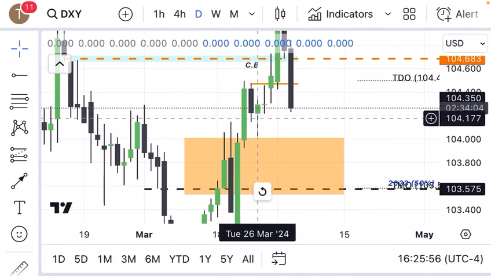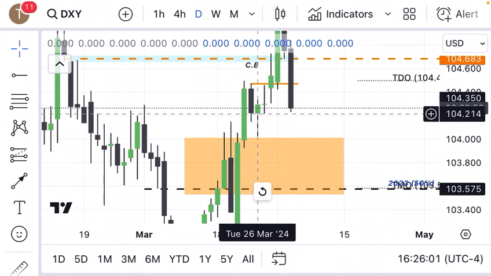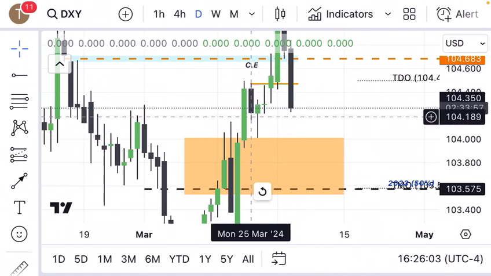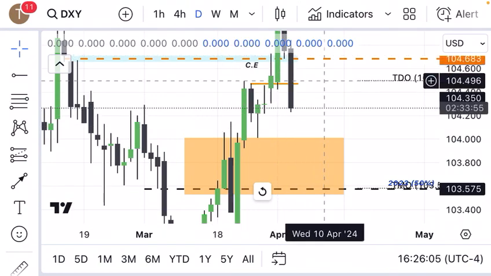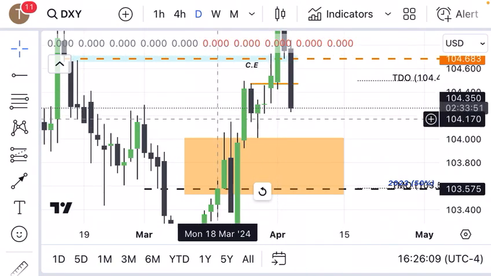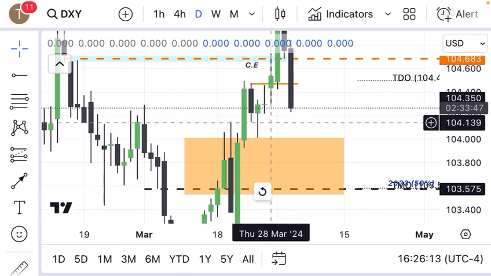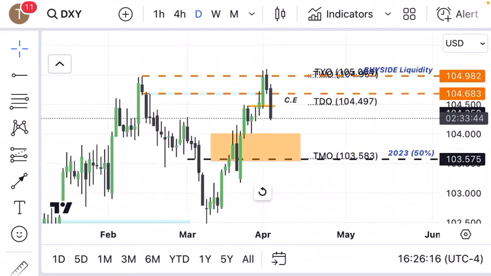The low of the 26th of March marks out the shift in market structure. Initially on smaller time frames, the shift in market structure has already taken place. It takes a while for it to happen on the daily, but it has already happened on the 4 hour time frame and the hourly time frame.